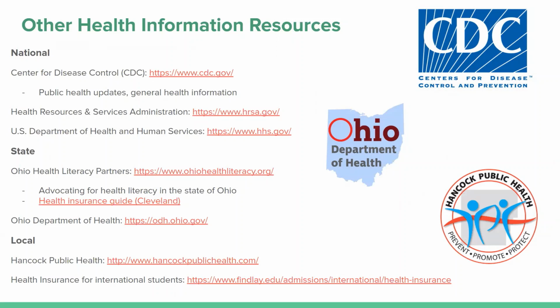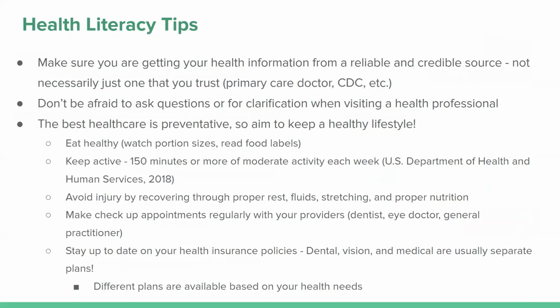For the state of Ohio, we have the Ohio Health Literacy Partners and the Ohio Department of Health. And then there's Hancock Public Health at the local level. And then there's the link for the health insurance for international students. Again, these are all on our Canvas page if you need to look at these at a later date.